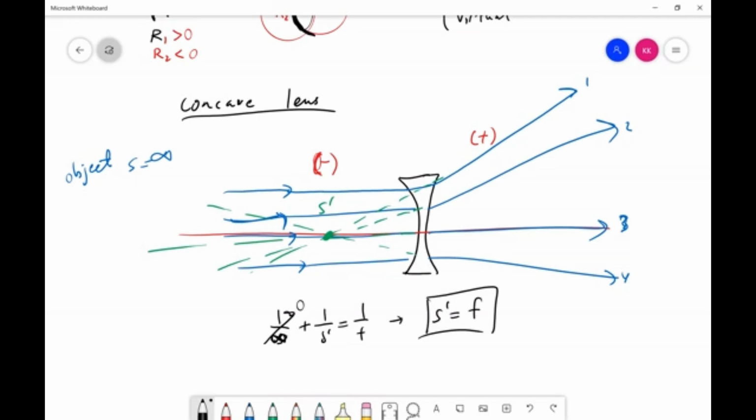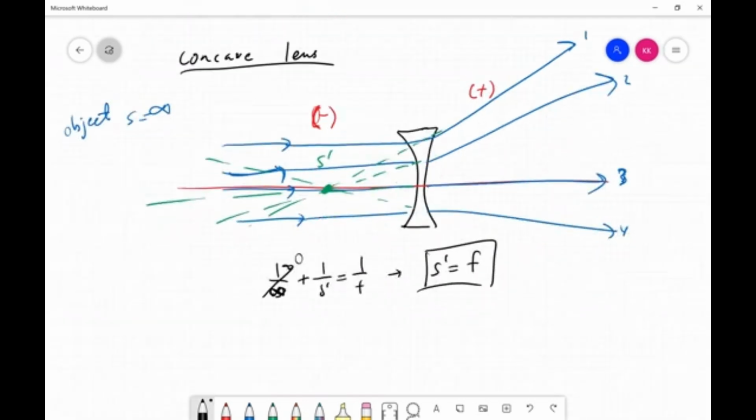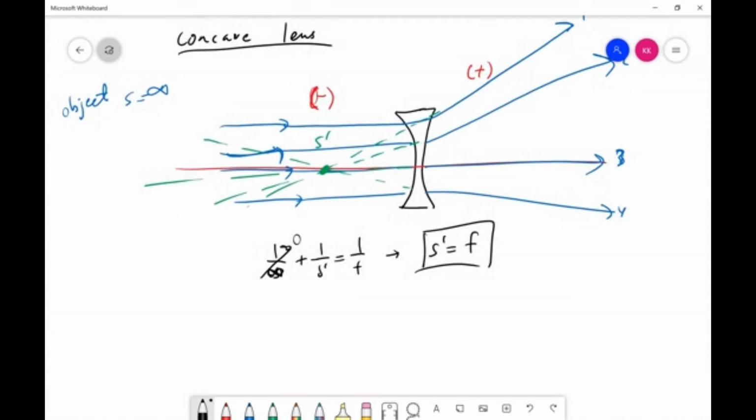Okay. Now, this image is going to be in the front of the lens, which is the negative side. So the image position will be negative. Well, the focal length is equal directly to the image position. That means it also will be negative. Okay, so focal length is negative and image position is negative.